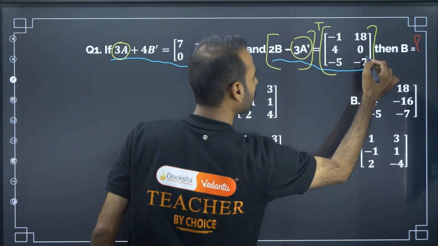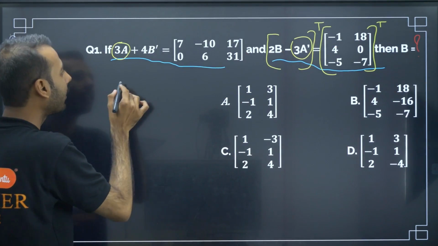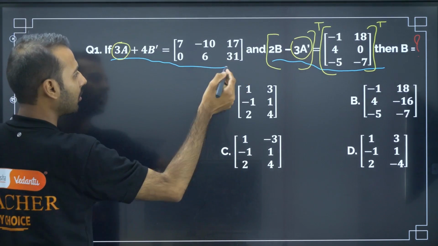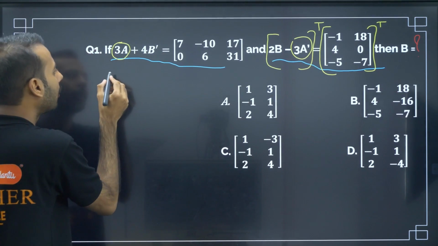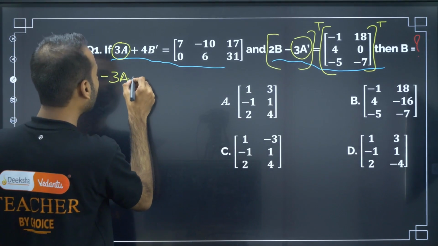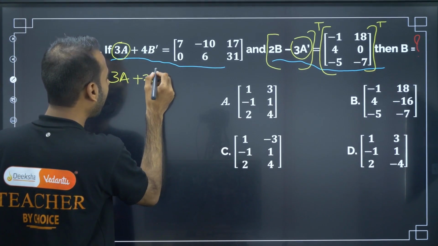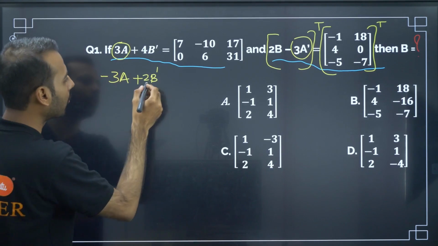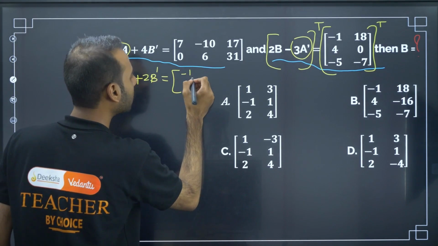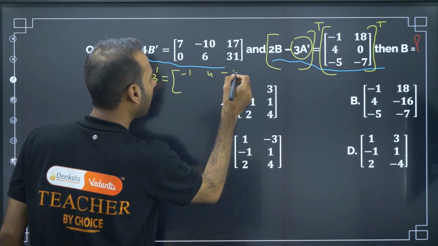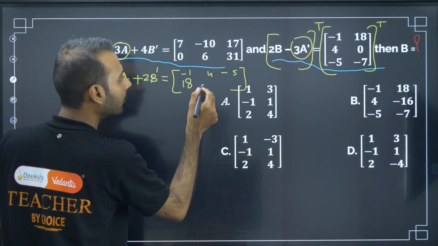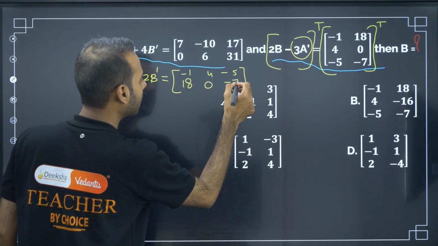If I apply transpose on both sides of this equation and write that equation here, this becomes negative 3A plus 2B dash is equal to minus 1, 4, minus 5, 18, 0, minus 7.